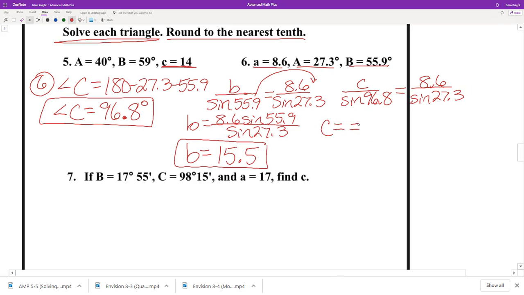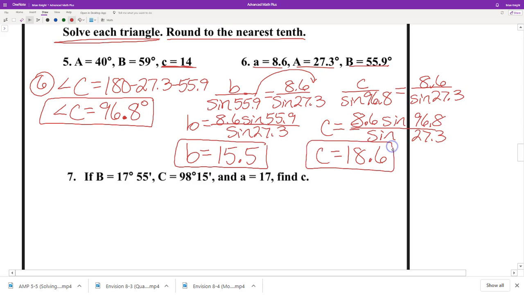C is going to be 8.6 times the sine of 96.8, divided by the sine of 27.3. Put all that in your calculator, you should get 18.6. Not that bad at all.